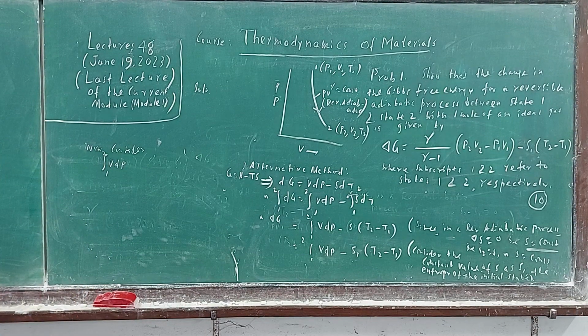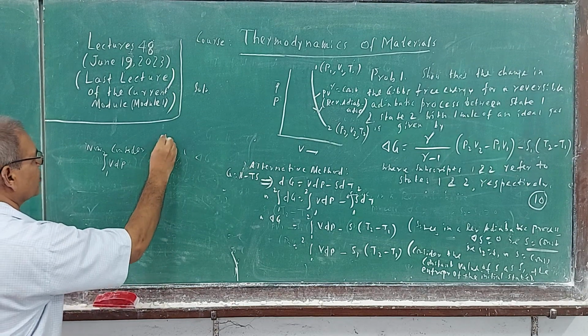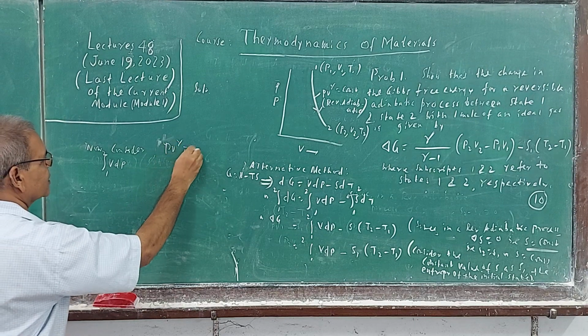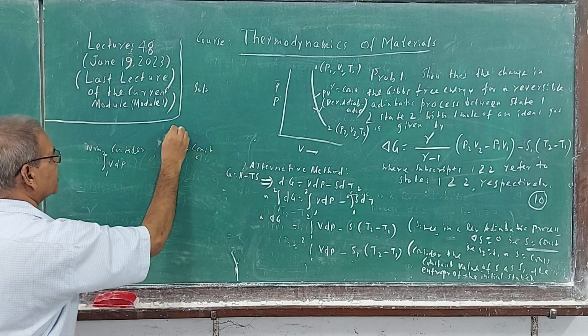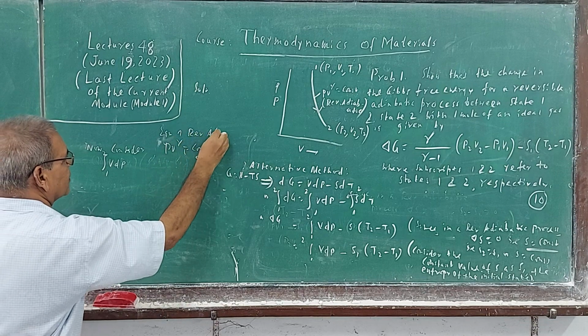Now here what shall I do? You can consider the equation of the path. PV to the power gamma is constant, the equation of the reversible adiabatic path.